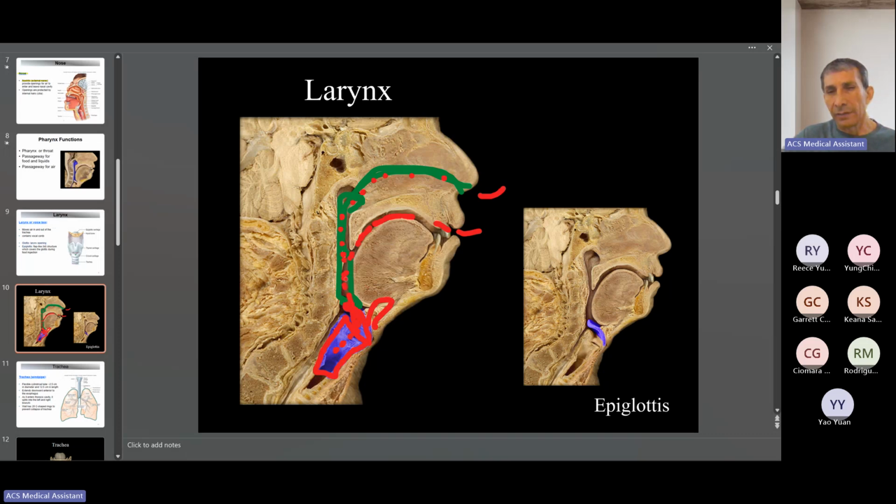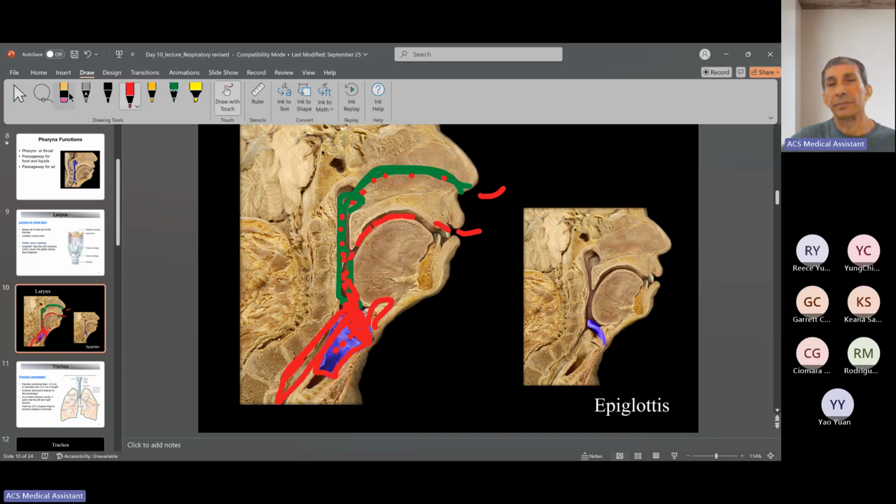So then this lid closes, so it closes the entrance of the larynx. So food passes on the back, because that's where we have the esophagus right here. So food will go directly to the esophagus, not to the respiratory tract. Interesting. So that is the function of the epiglottis, within the pharynx.